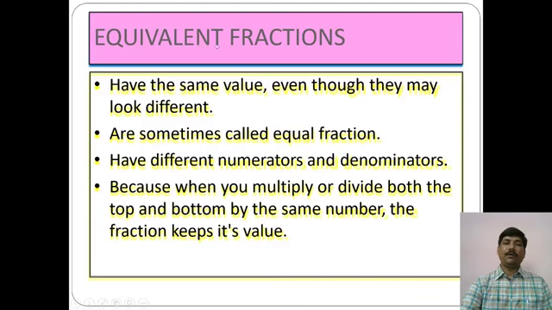To find the equivalent fraction of a fraction: fractions are equivalent if they have the same value even though they may look different. It means there will be two or more fractions that may look different but have the same value.